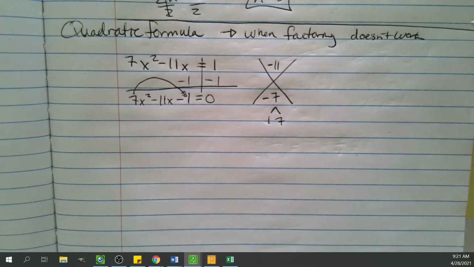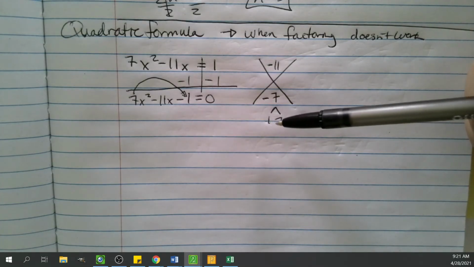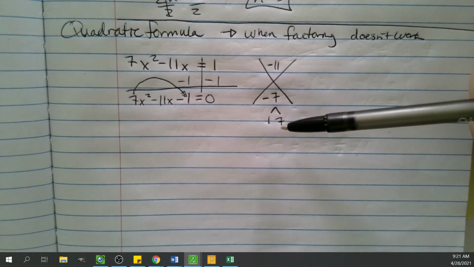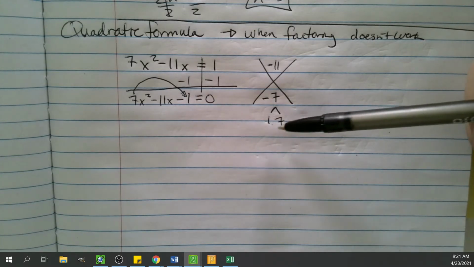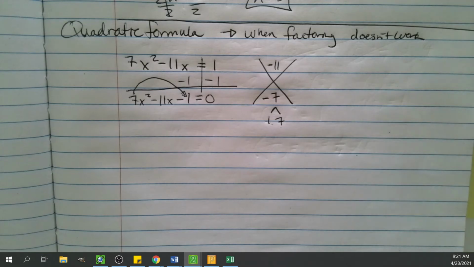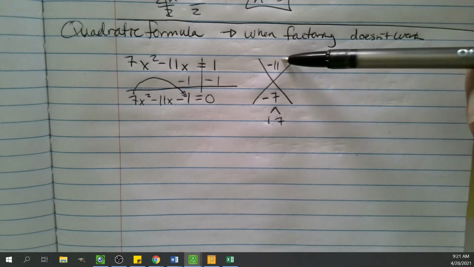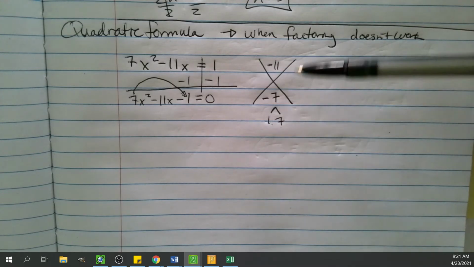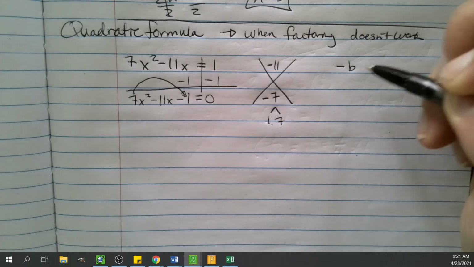It's prime. That's the only options. What's the biggest number those could add to? 7 plus 1 is? 8. What's the smallest number it could add to? 6. 6 if we subtract, right? Or -6, yeah. There's no way we're going to get 11. See how that's not possible? So if it's not possible, our only option is the opposite of B. I'm going to do math.